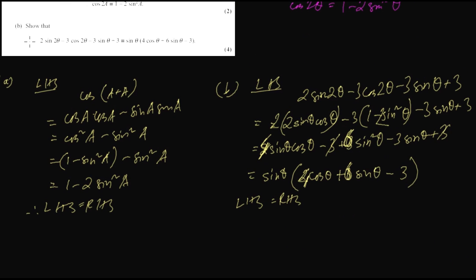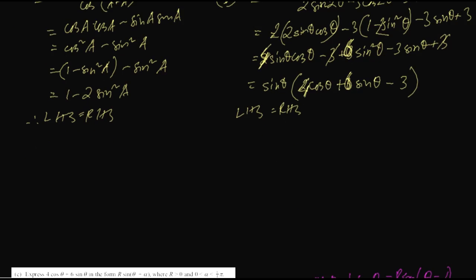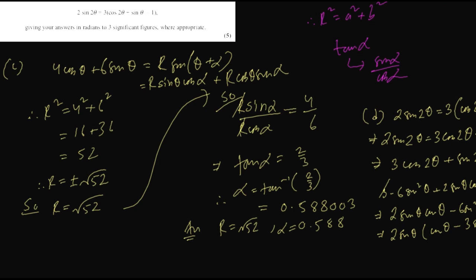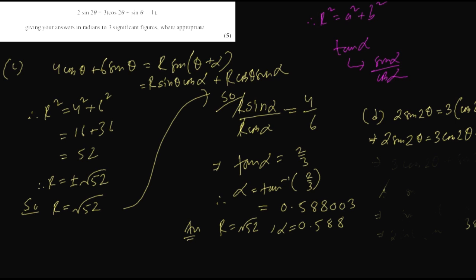We have 2 sine 2 theta minus 3 cos 2 theta minus 3 sine theta plus 3, the previous sum. So when you have this final sum, it is a connection. So let's start all over again to see when we use this hence how easy the sum becomes. So let's get back and do this very quickly, because when they give hence, we just have to use the previous sum.